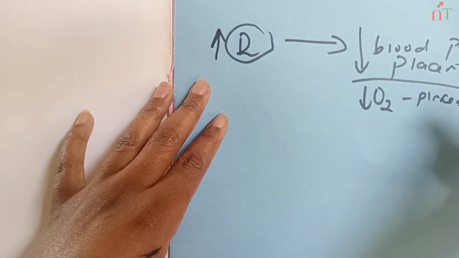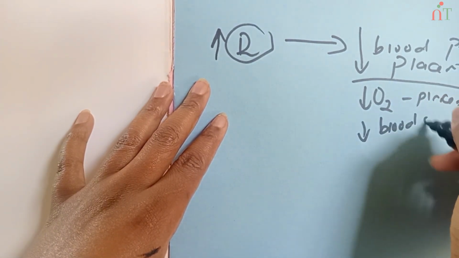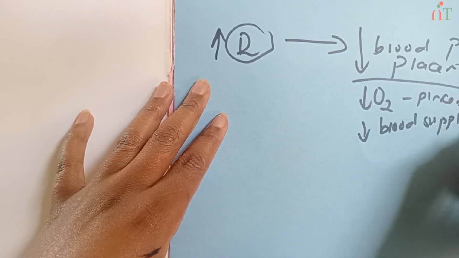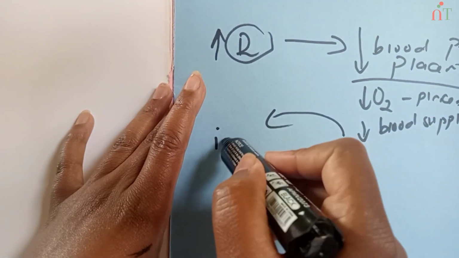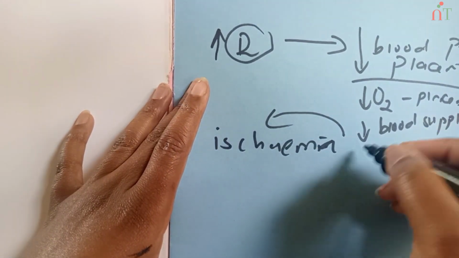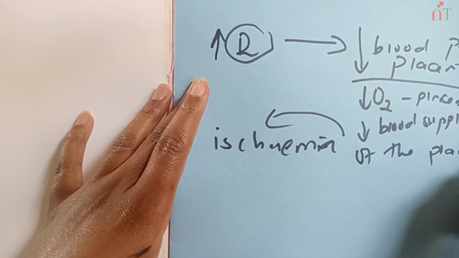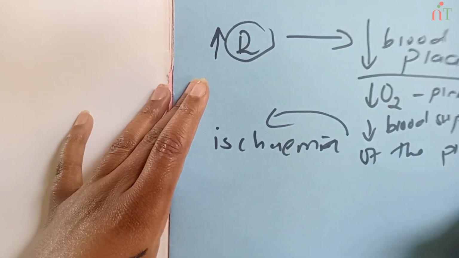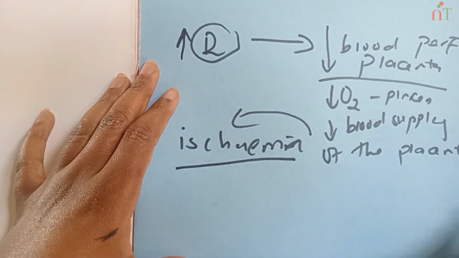There is less blood supply, that is what it means. And by so doing, this causes ischemia of the placenta. Tell me, guys, are you understanding, or maybe I'm too complex? Let me know. So this causes ischemia, and this is where things start getting very serious.